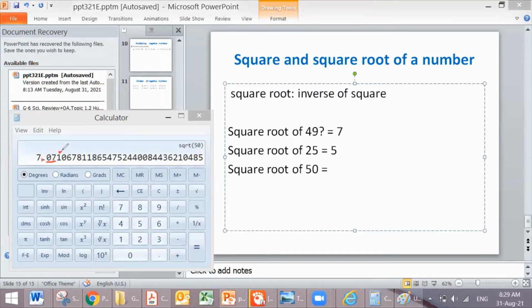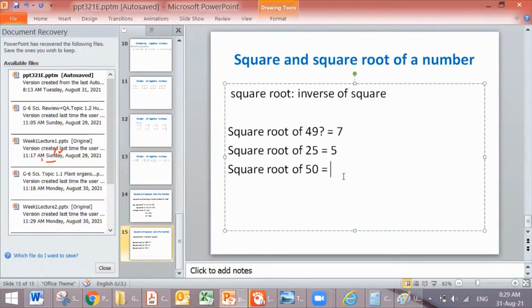If the next value is greater than 5, then you change the last digit to the next value, and if it is less than 5, then you will not change it. You can see that 1 is less than 5, so you write it as it is, 7.07. So the square root of 50 is 7.07.